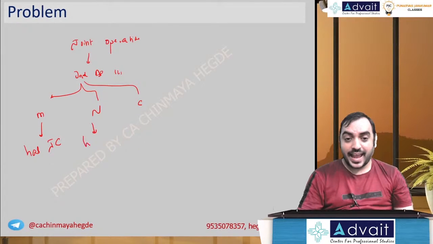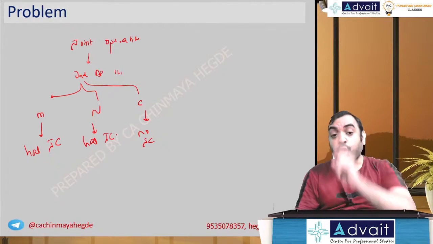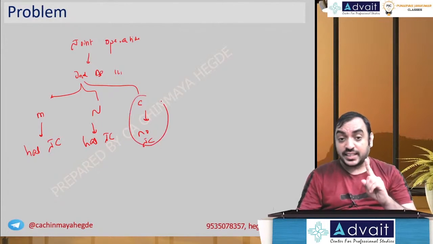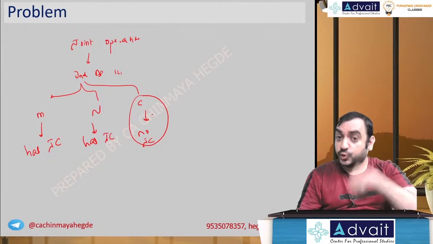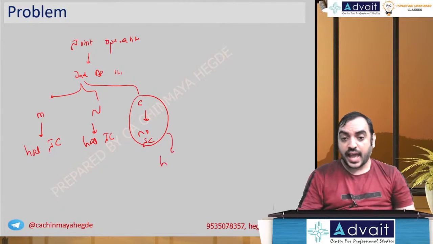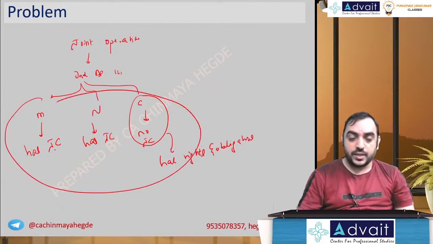N Limited has joint control. C Limited has no joint control, but is in a joint operation. When C Limited has the rights and obligations to the operation's assets and liabilities, even though it has no joint control, all the three will have to account similarly.